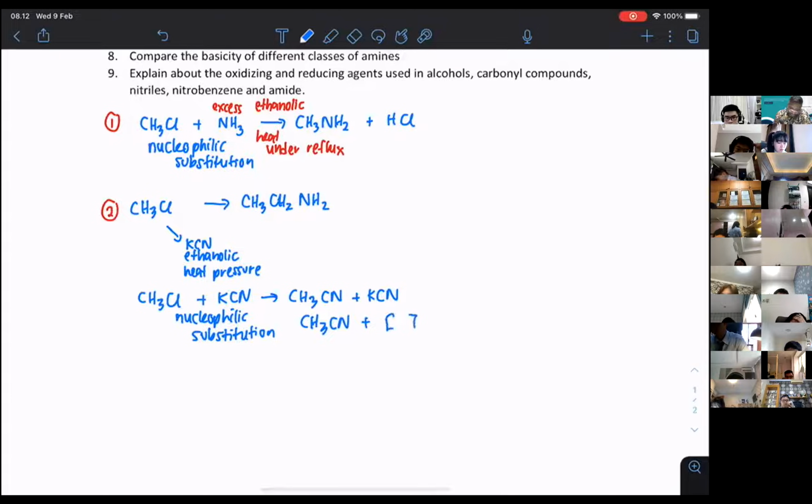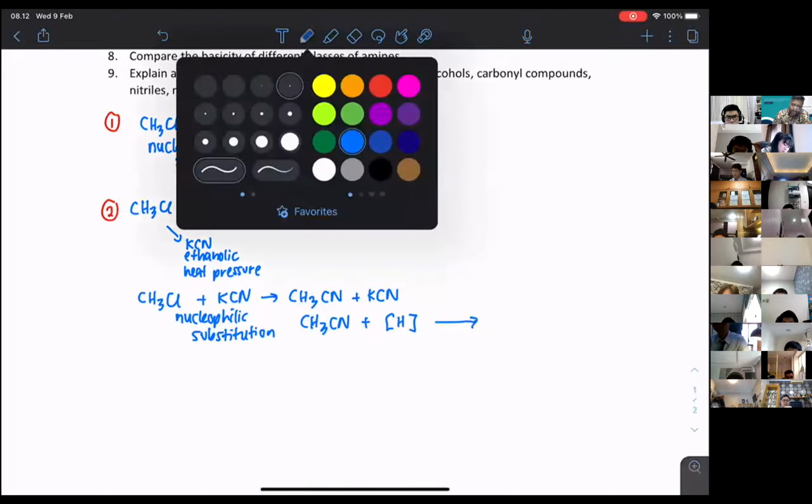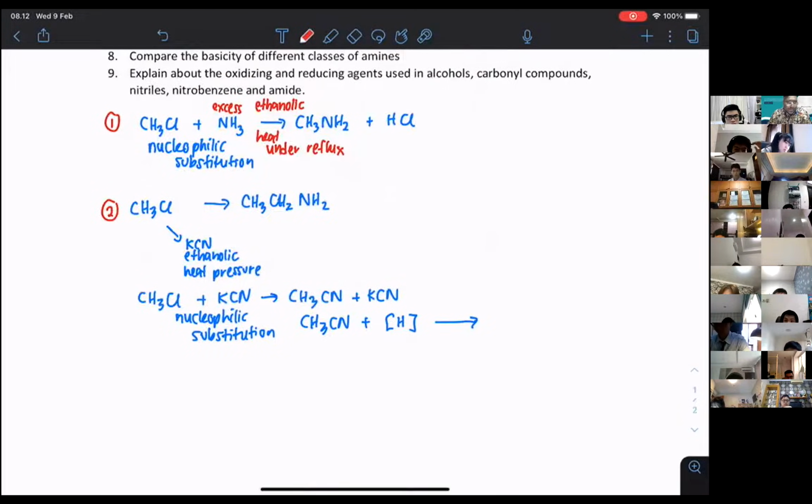For reducing a nitrile, there are two types of reducing agent that you can use: LiAlH4 in dry ether, or hydrogen with nickel catalyst.